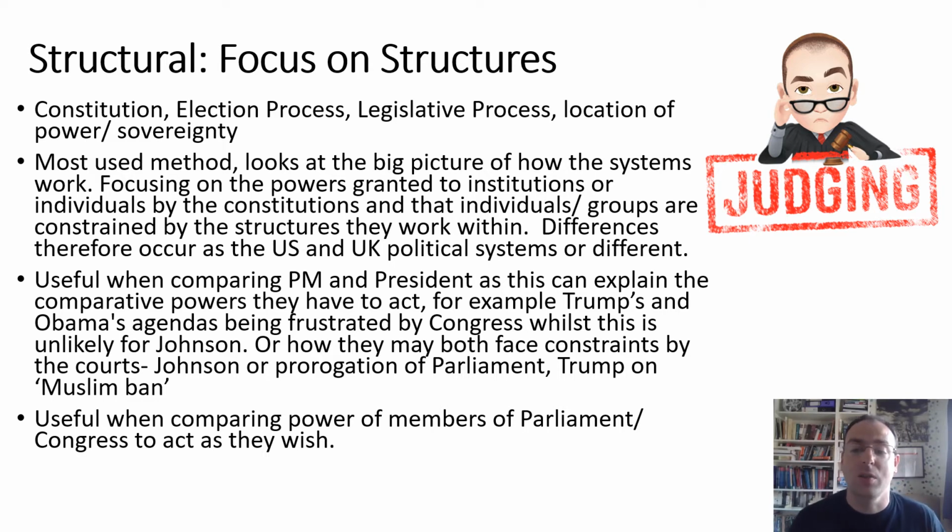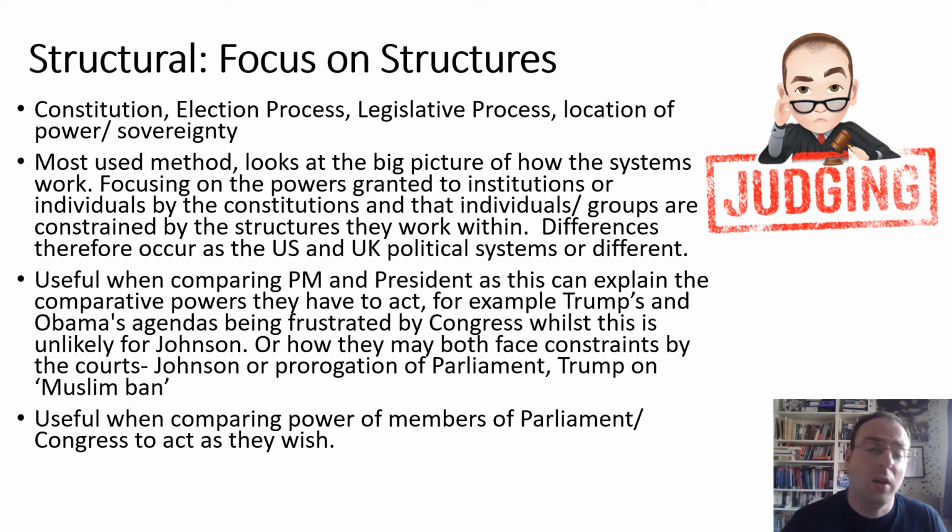He's unlikely to face major difficulties in Parliament. However, both the President and the Prime Minister face constraints by courts. So, for example, Johnson on the prorogation of Parliament, Trump on, well, a whole variety of elements. One I've chosen here is when he tried to ban people from majority Muslim countries coming into the US, which was immediately challenged through the courts.